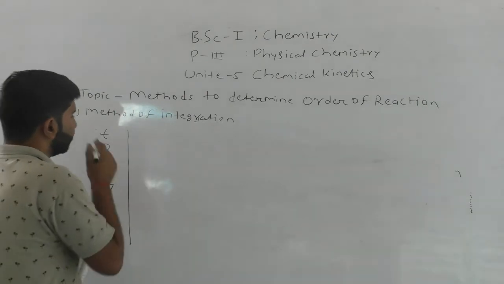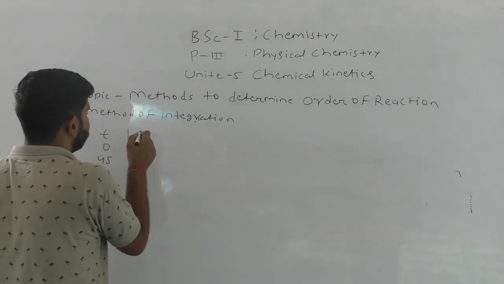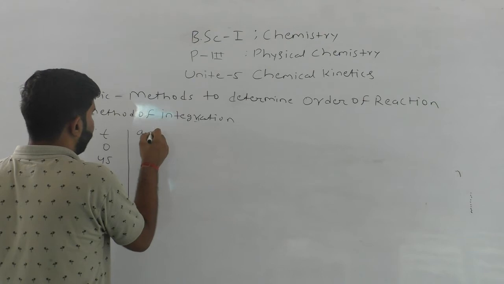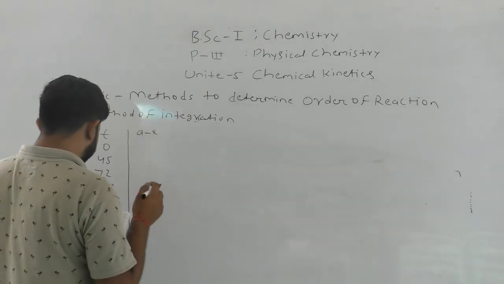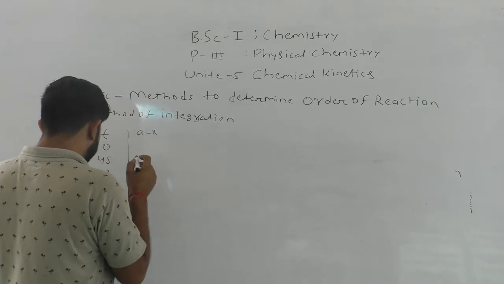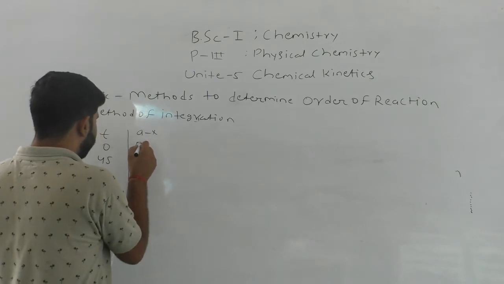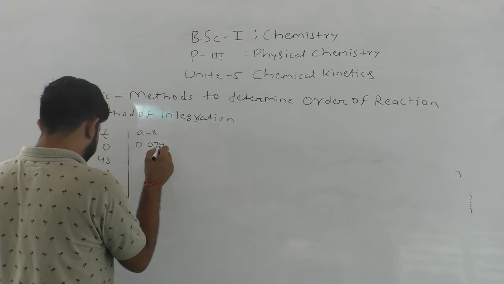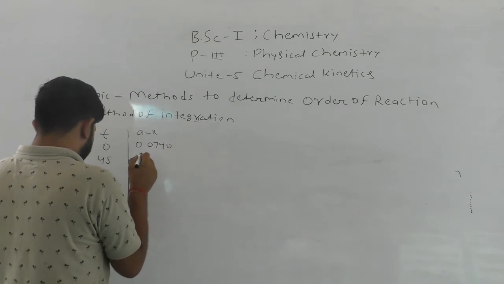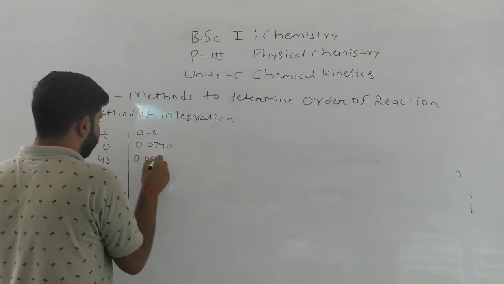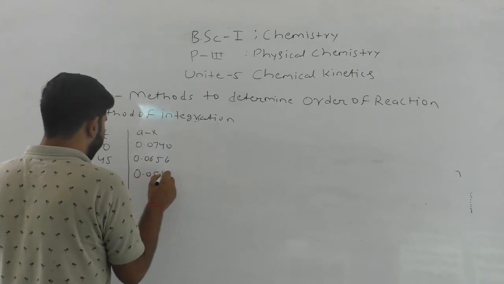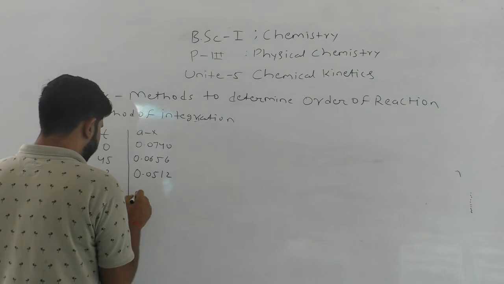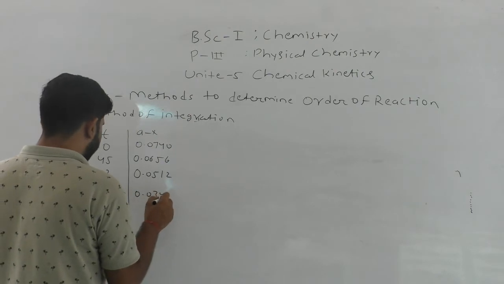The remaining concentration, A minus X, which is the unreacted amount, at time equal to T0 is 0.0074, 0.0656, 0.0512, 0.0348.